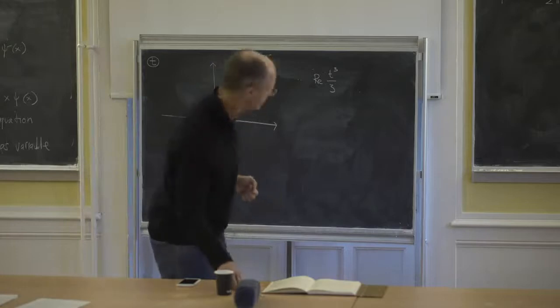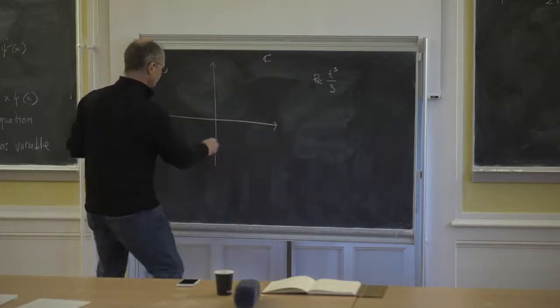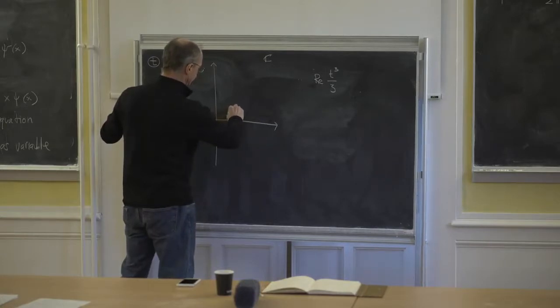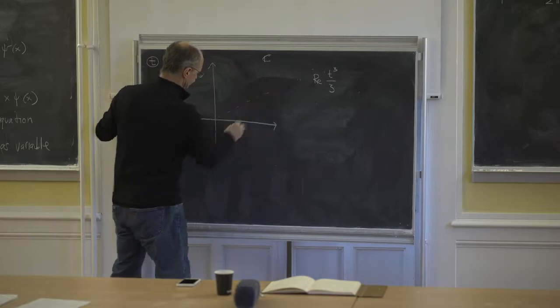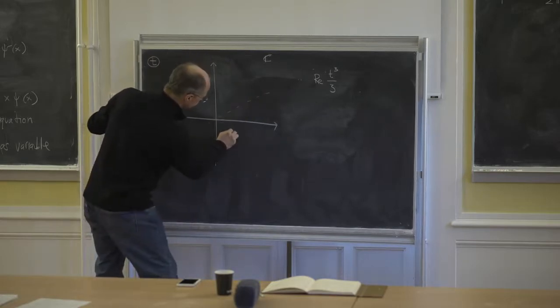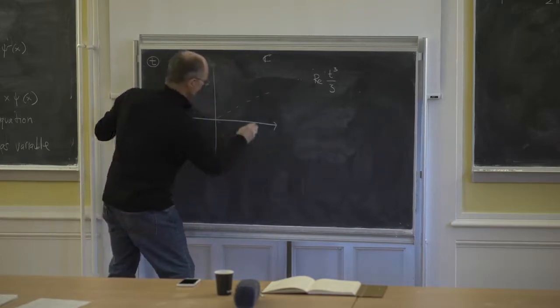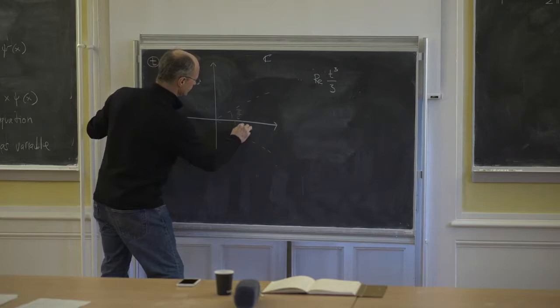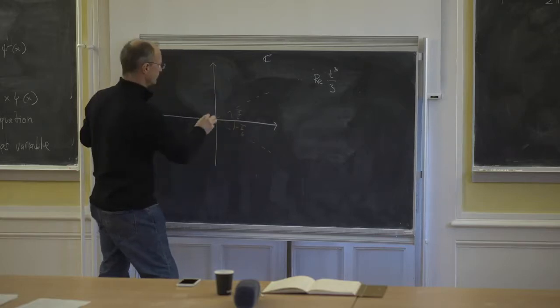So let's draw it in the following way. There are those interesting sectors. So this will be, I think, pi over 6, minus pi over 6.